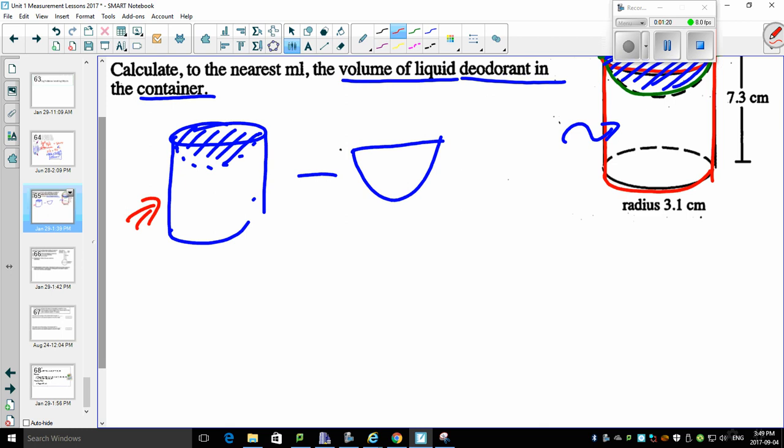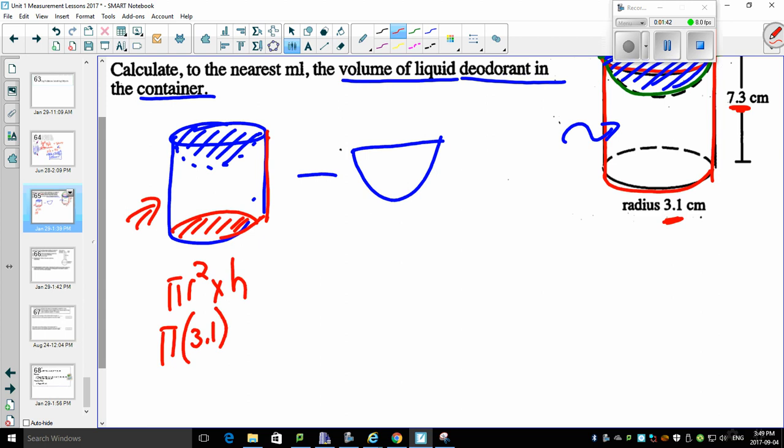The volume of the cylinder is the area of the base times the height. So this is pi r squared, the area of the base, it's a circle, times the height. The radius is 3.1, the height is 7.3. So pi times the radius, 3.1 squared, times the height, 7.3.